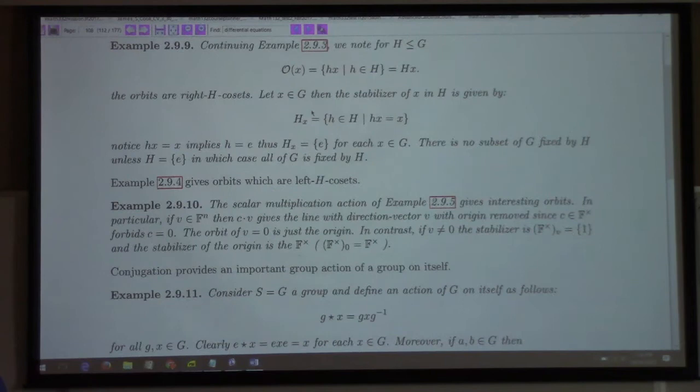By scalar multiplication. Scalar multiply by 1. If you look at the orbit of v, it's everything except for what? Like I said, Cv gives the line with direction vector v with the origin removed, since the group we're looking at is non-zero scalars. I would encourage you to read these examples and try to get it. It should give you a decent understanding of what a group action is.